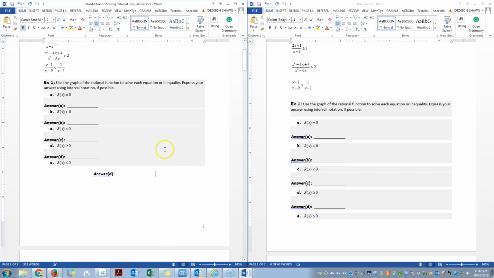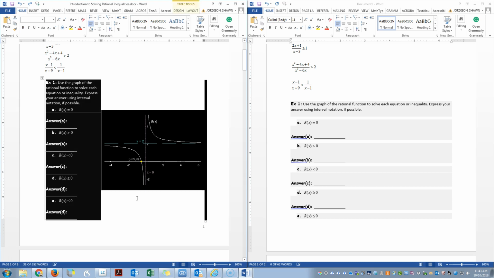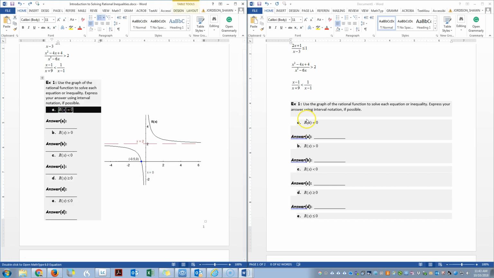I'm actually going to undo the formatting changes I just made in this original document just so I can see how it was originally aligned, because my alignment is off in this new one. So: use the graph of the rational function to solve each equation. Express your answer in interval notation if possible. This looks off anyways.